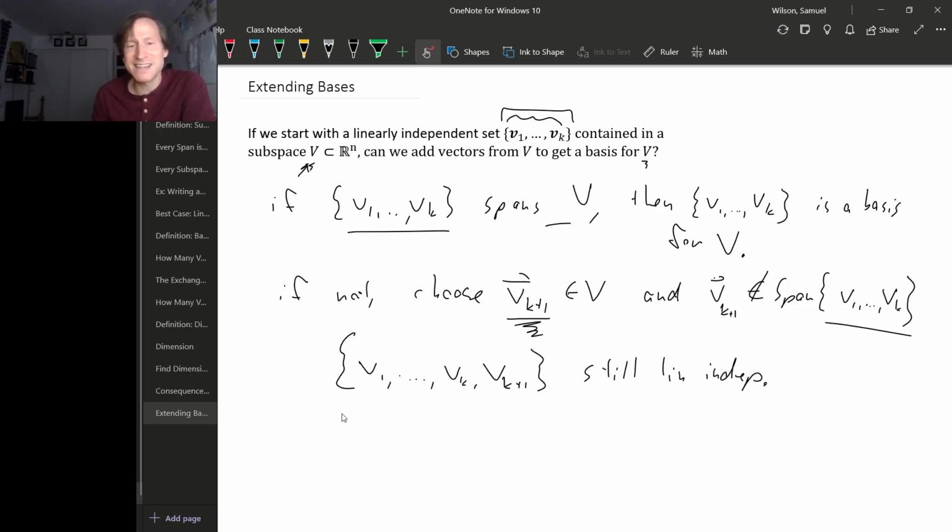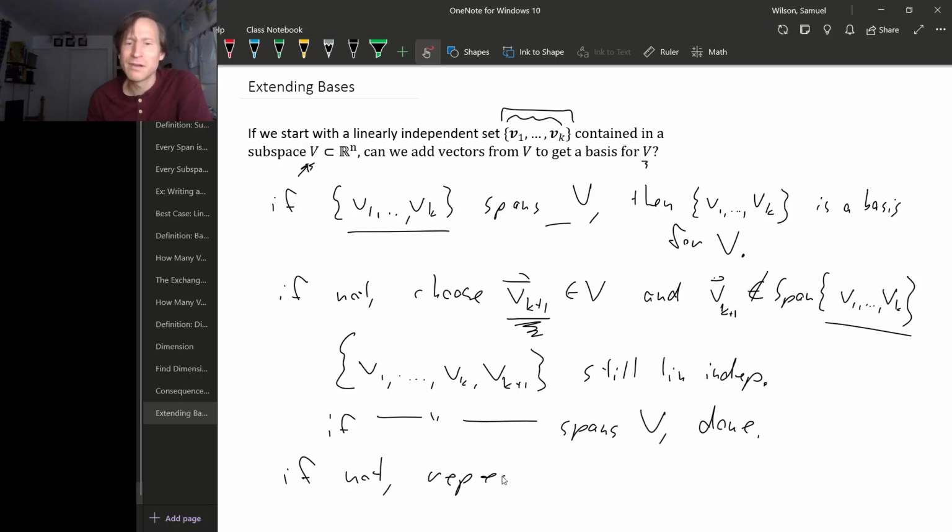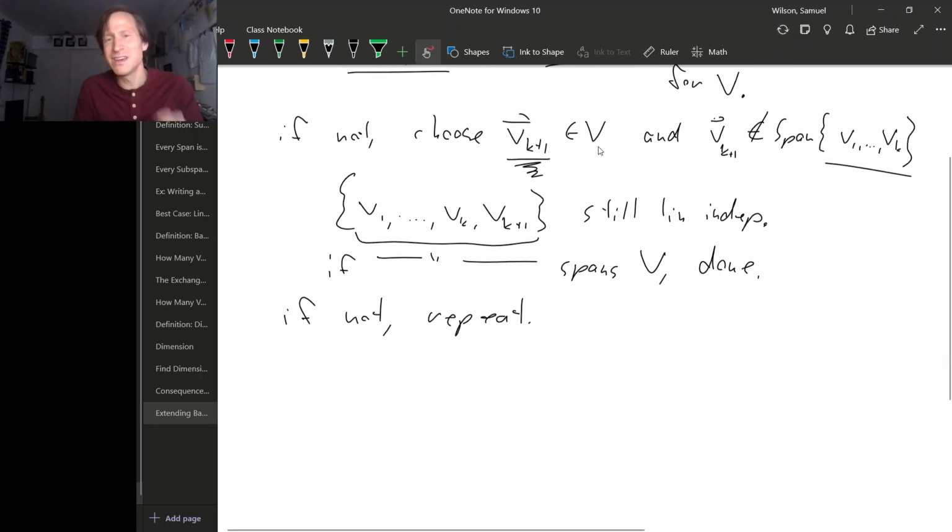Okay, so now we can ask again. If this set spans V, then we're done, because we have a basis. If not, then just repeat what we did before. If these k plus 1 vectors don't span V, then there's something else in V that isn't in the span of v1 through v sub k plus 1.